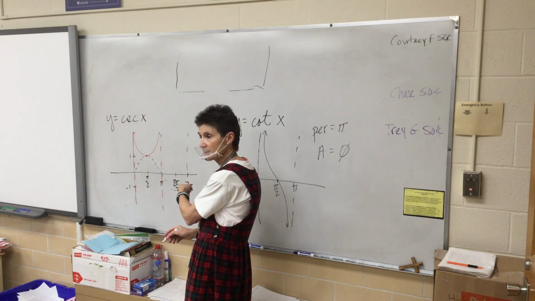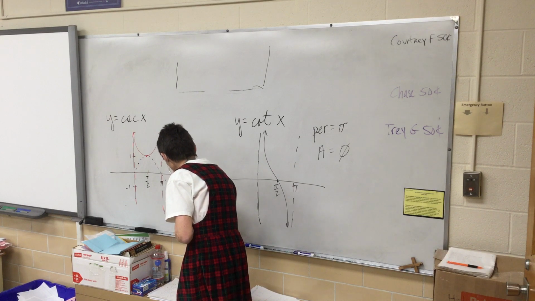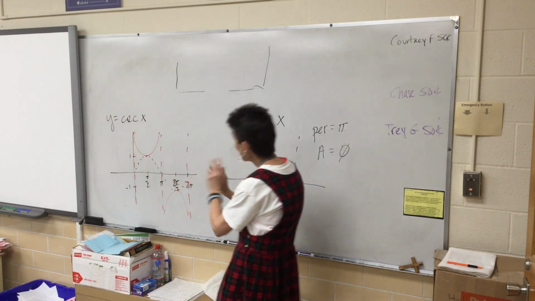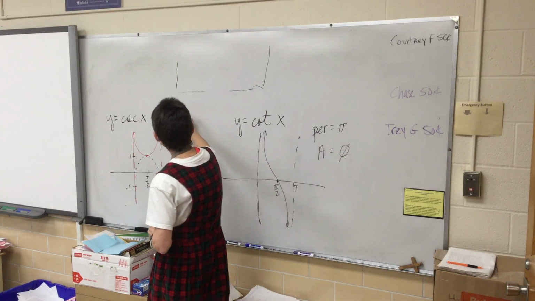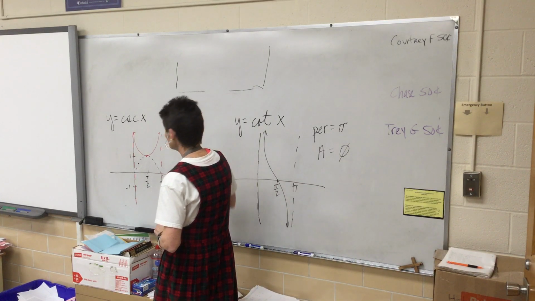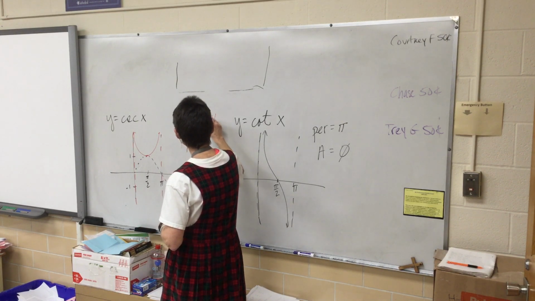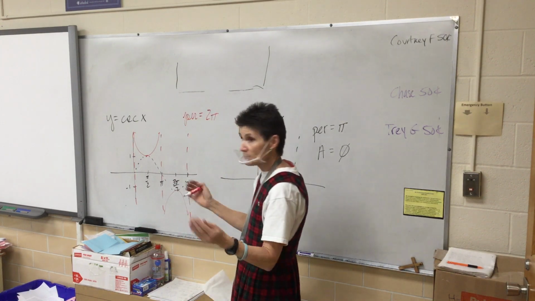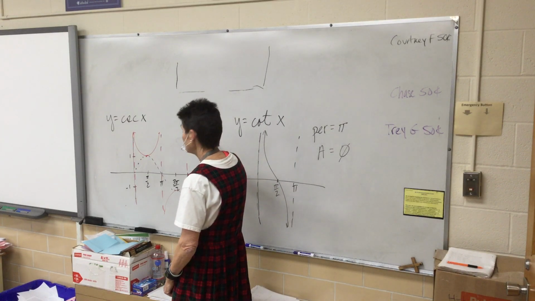Guess what this one does? Same thing, only it flips down. And that is your cosecant. So what is your period? 2 pi, just like the sine. It comes from the sine, so it's 2 pi. And what's your amplitude? 1.